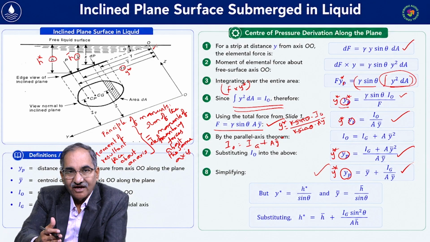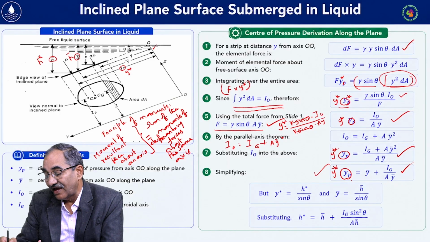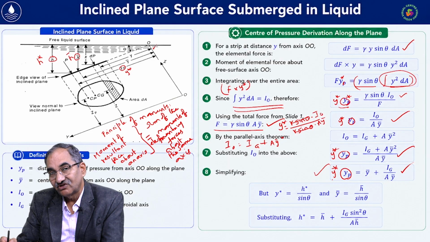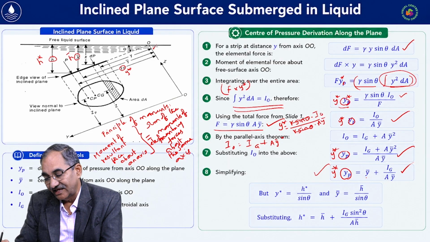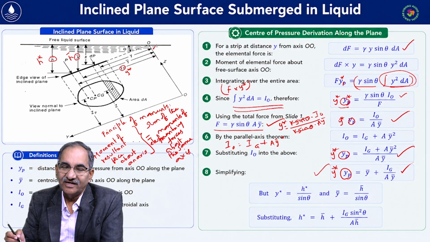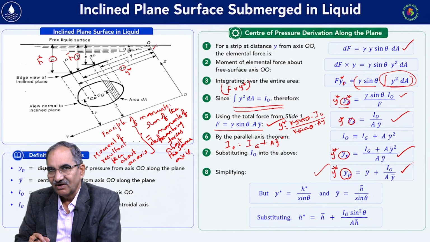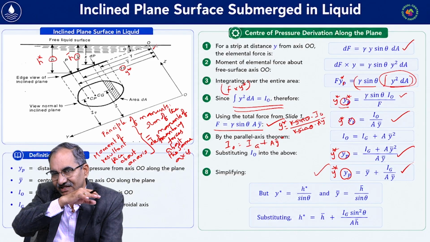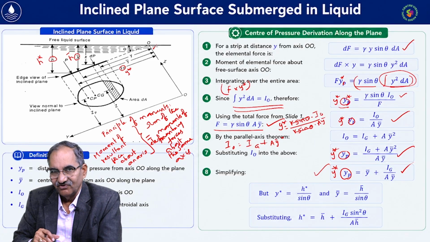The same thing will come here, only instead of h star it is y star, and h bar becomes y bar. But this is not the end of the derivation, because it should be with respect to the existing free surface. You need to do it.